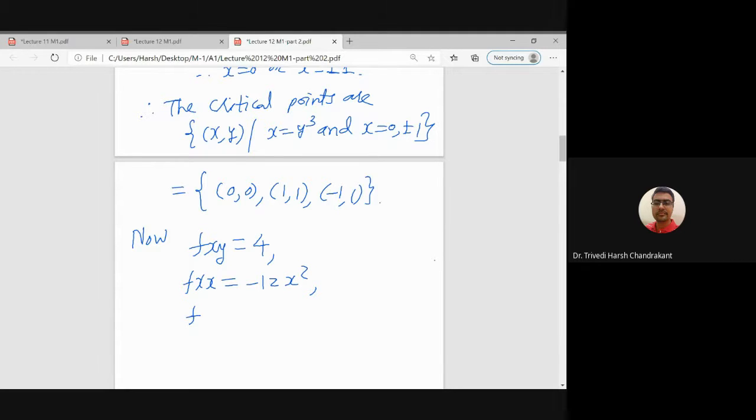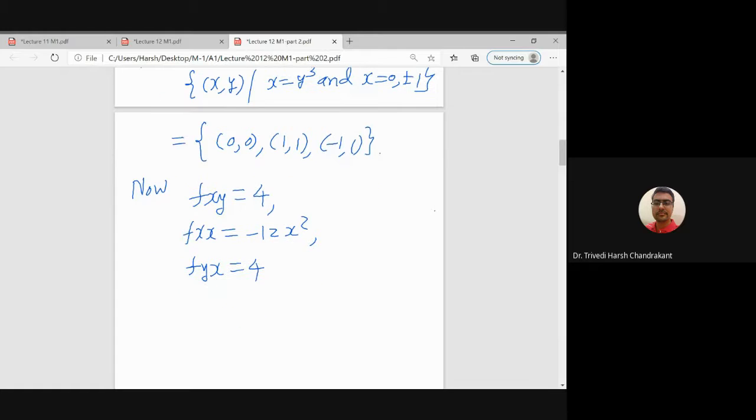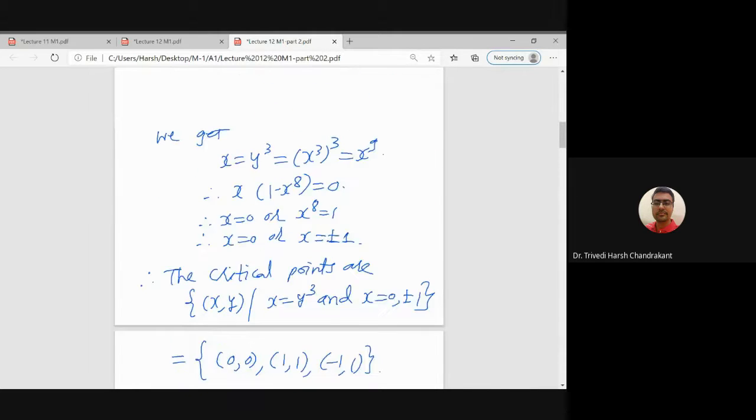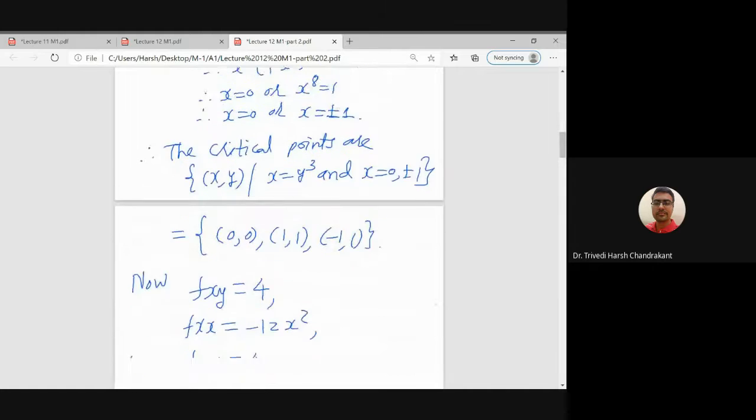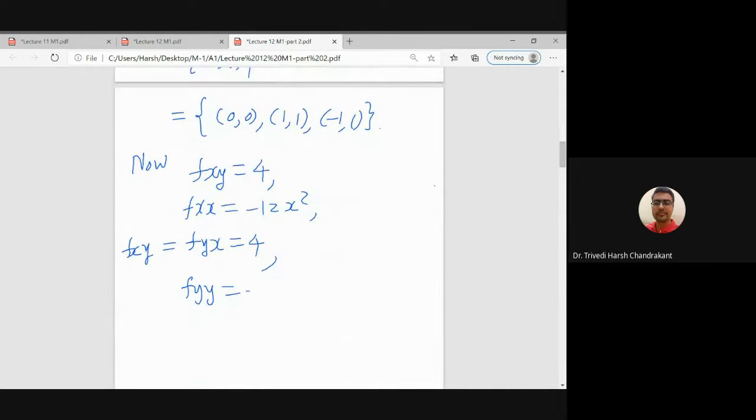That is fxx. You can check that fyx will also be 4. And lastly, fyy: fyx is 4 and fyy is minus 12y square.